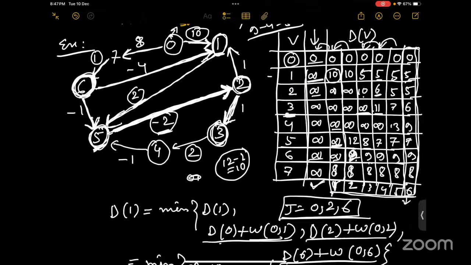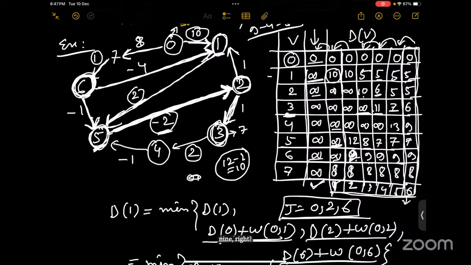Why? Why is it 8? Because ma'am, in this step, the distance of 3 is 7, no? We have to use the previous column. So again we have 7 as the distance of 3. Then we will add 2, right? So it will become 9, right?